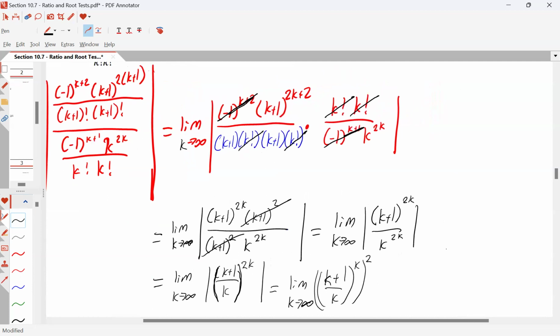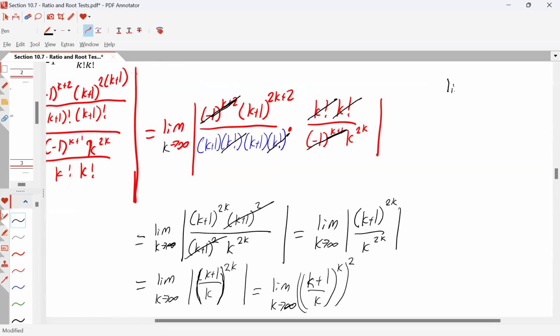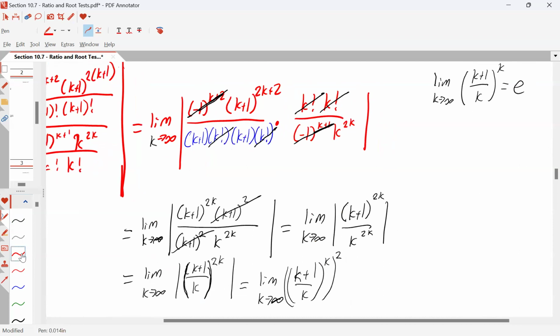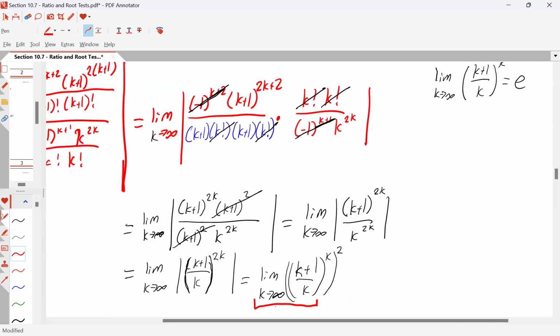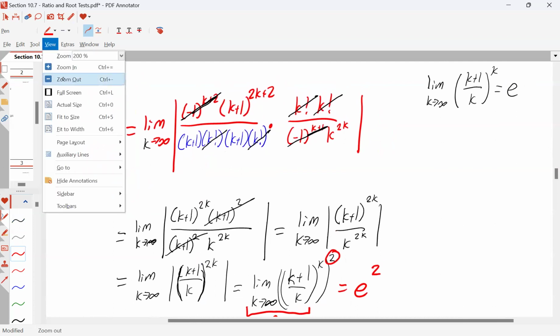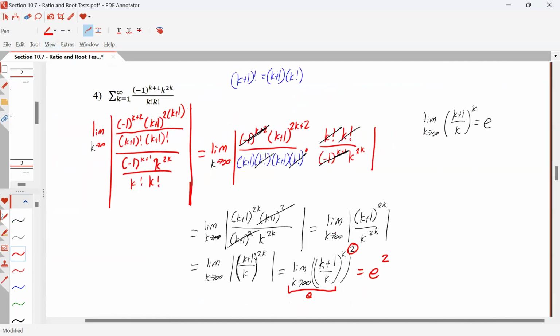Now, this is where the beginning of the first video comes back, because the limit as k goes to infinity of k plus 1 over k to the k is e. So this piece here is e, and we still have this squared, so this limit is e squared. The limit of our ratio comes out to be e squared.